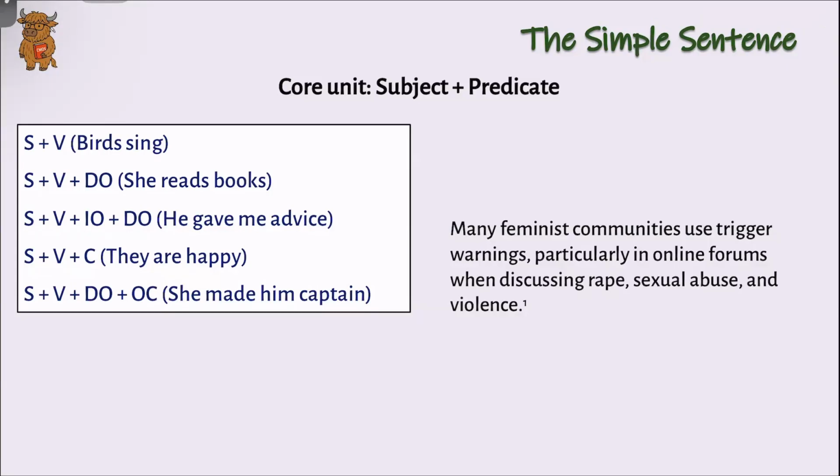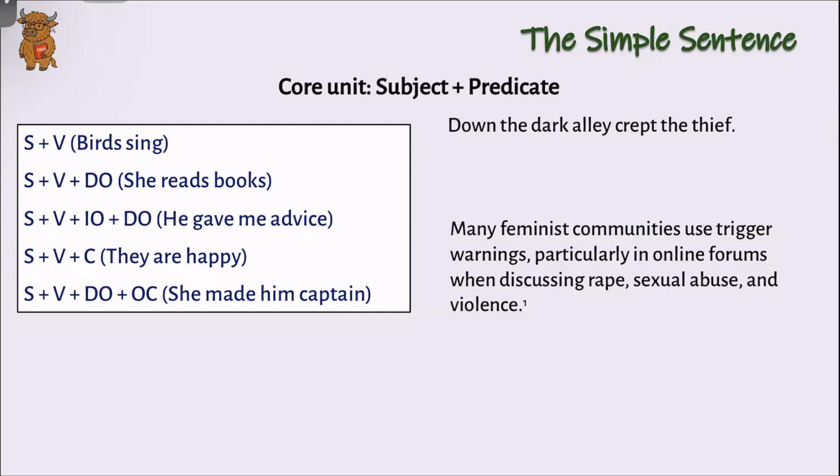So the verb is obviously use. Their direct object? Trigger warnings, right. And then the rest of that after the comma. This really isn't a simple sentence. Pretend that there's a period after warnings. That would be the simple sentence. Okay. Somebody have a question?